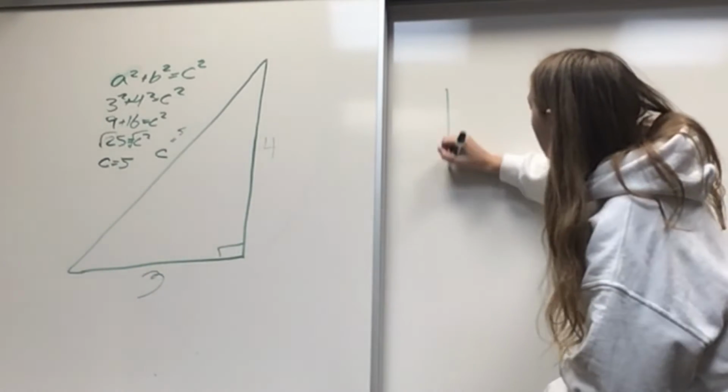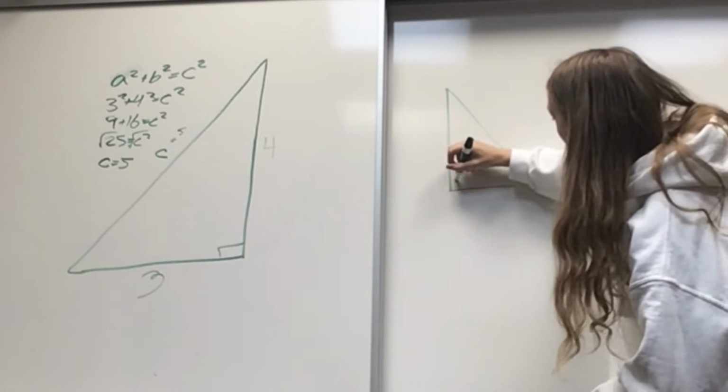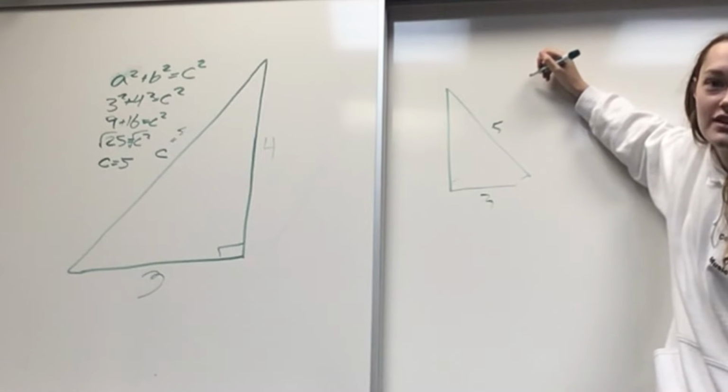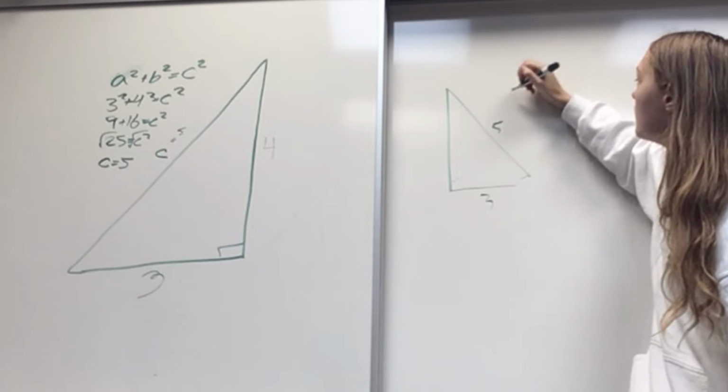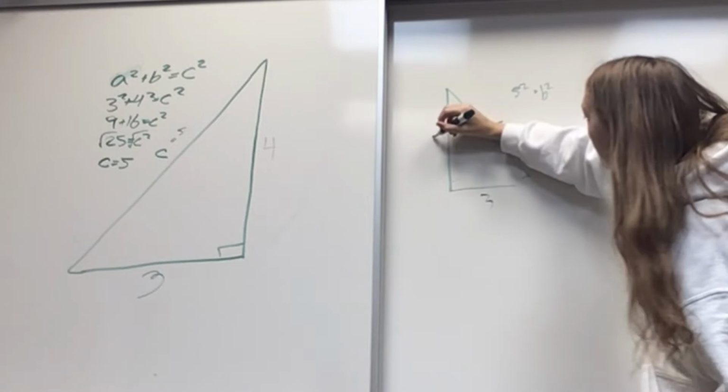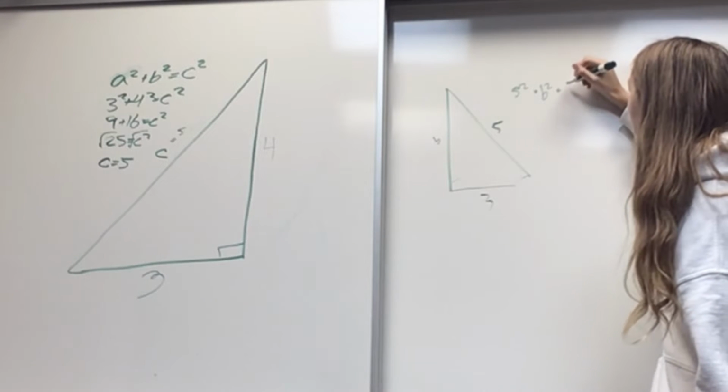If we use the same triangle again, but we're given the 5 and the 3, then we start with 5 squared equals b squared plus 3 squared.